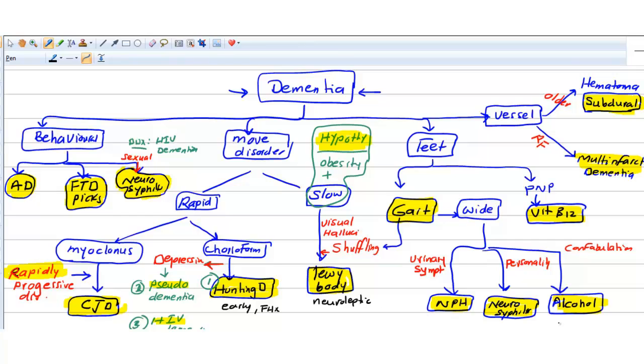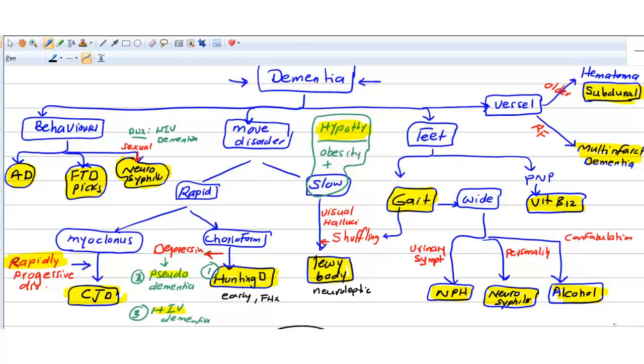NPH also has something interesting because of the treatment: we went with the spinal tap first, and then we went to shunt second. Neurosyphilis, I just mentioned personality problems, so nothing interesting. Oh, I think neurosyphilis is also interesting because you are dealing with the dorsal column, so there is location here.